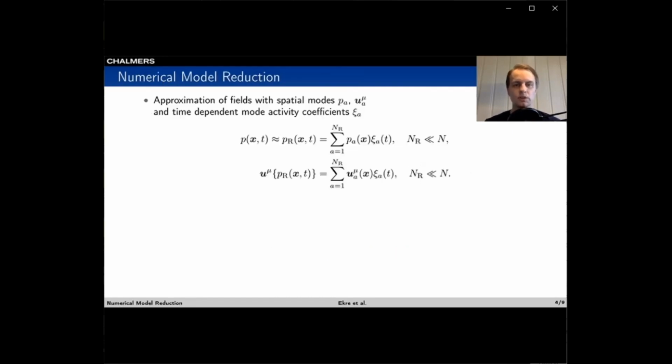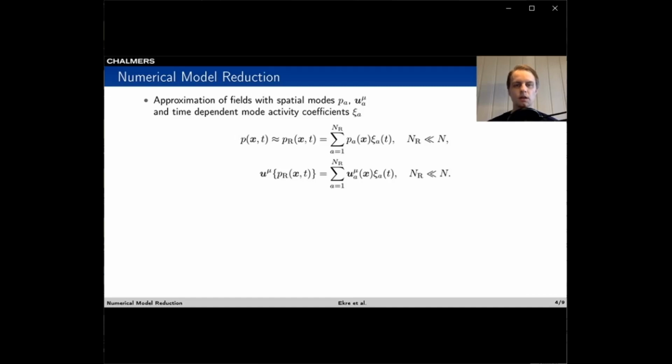And to reduce the cost of solving the RVE problem, we introduce these approximations for the pressure field and the displacement field. So we define p_R as the approximation, and we define it using N_R modes, where p_a are spatial modes that we compute, and the unknowns are the time functions xi.